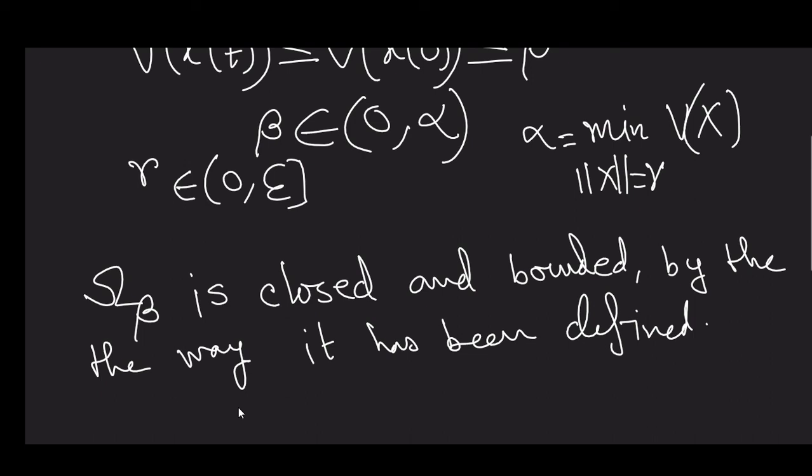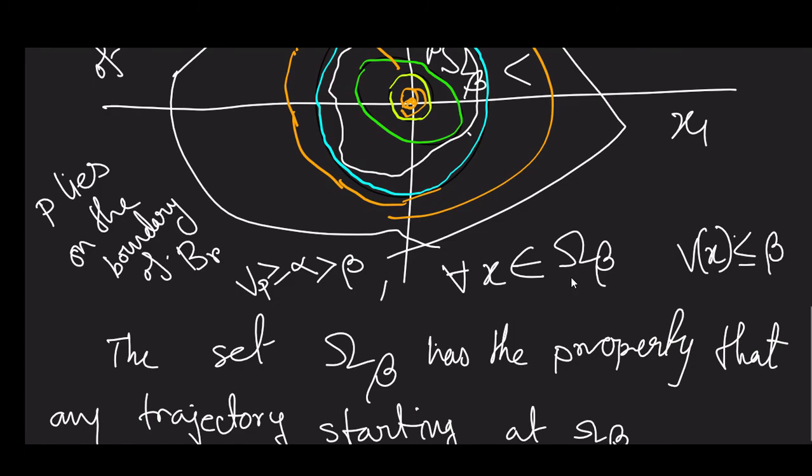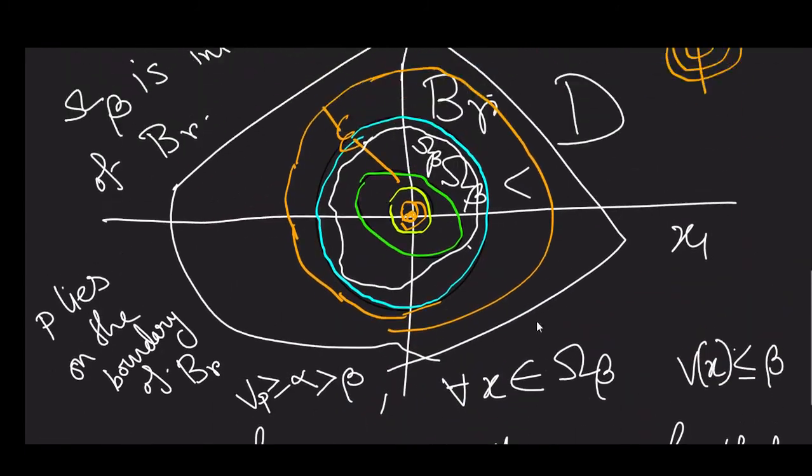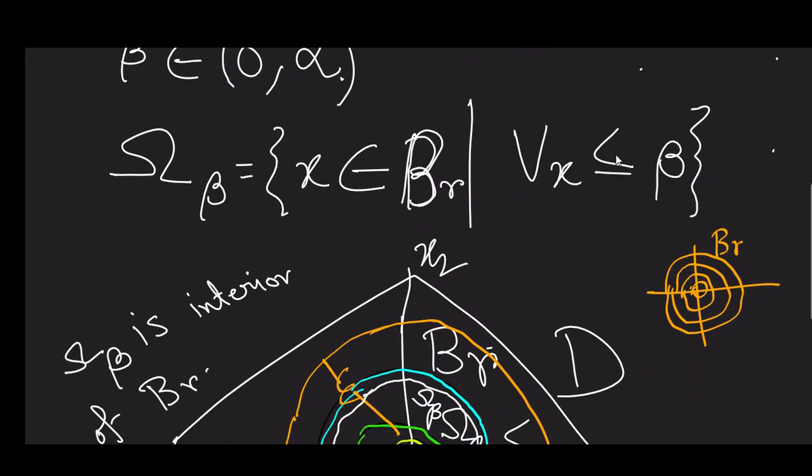If you are not sure why omega beta is closed and bounded, let me tell you what defines your omega beta. Your omega beta is the set of all x with V(x) less than or equal to beta. So it implies it has this beta point, beta of V(x).